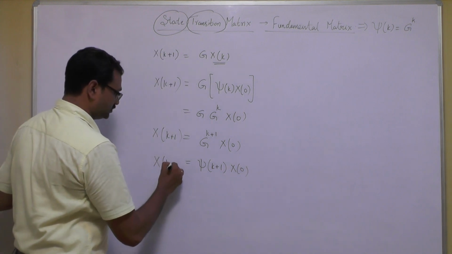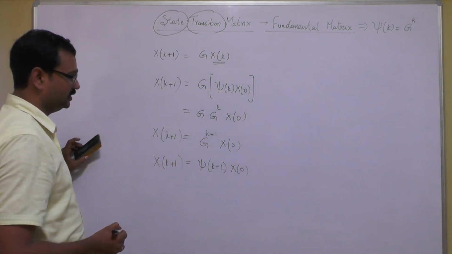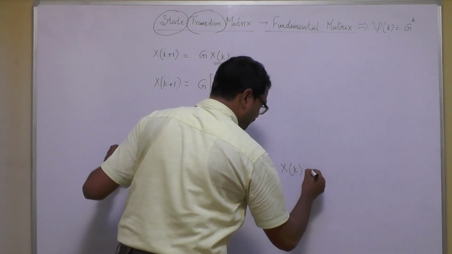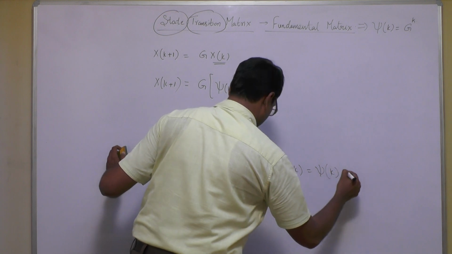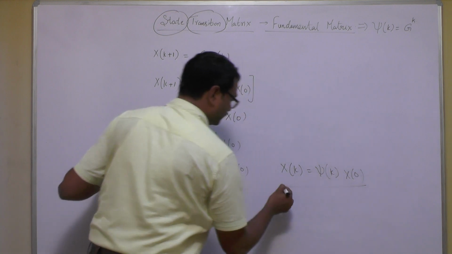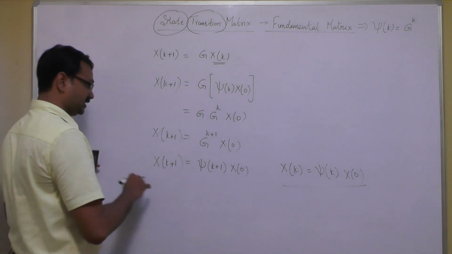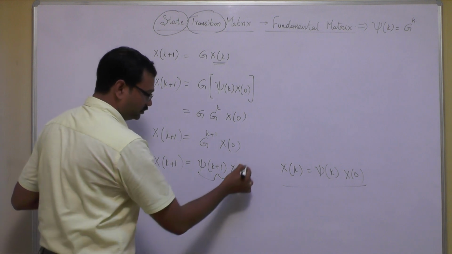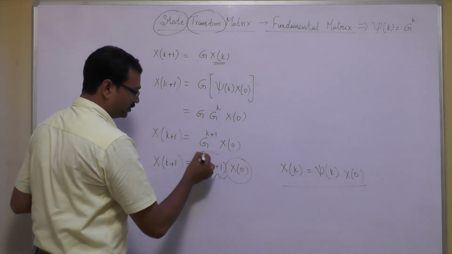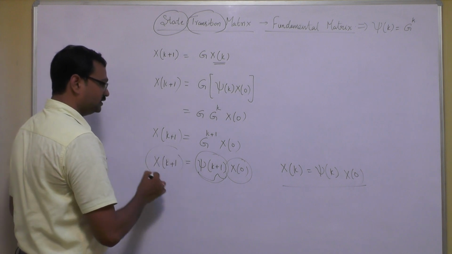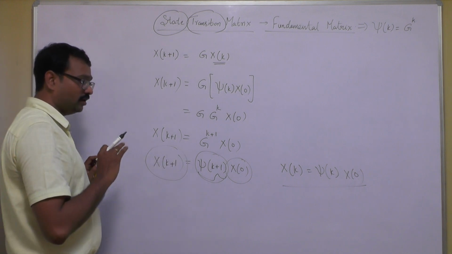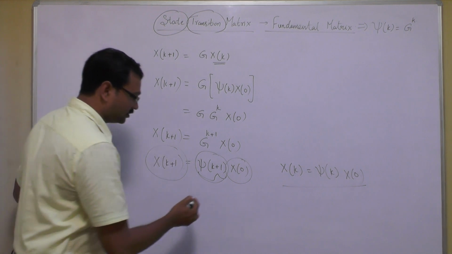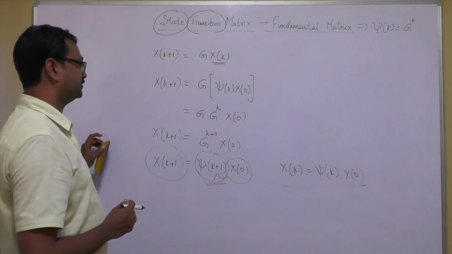That is, x of k plus 1 is equal to psi of k plus 1 into x of 0. When x of k is psi of k into x of 0, then for the next instant k plus 1 you will have this. So when you know the initial conditions and operate with the state transition matrix, you will get the status of all the system states in the next instant. That is why you call this the state transition matrix.